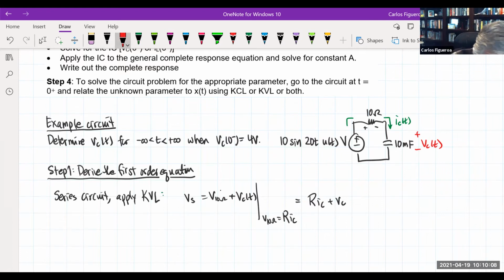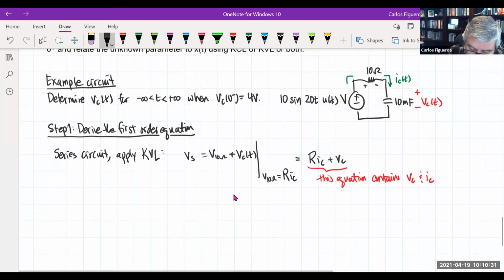Look what I just did here. This equation contains VC and IC. That's what we wanted. Now the next step is to get it into a differential equation.